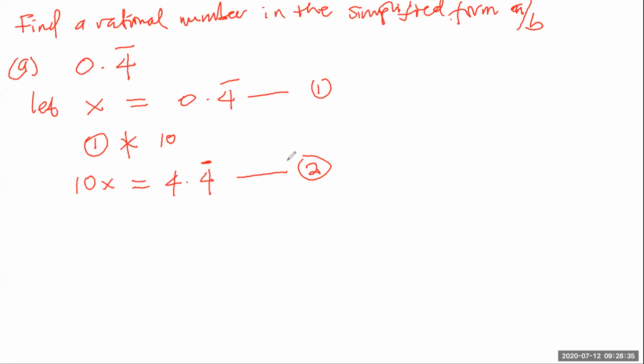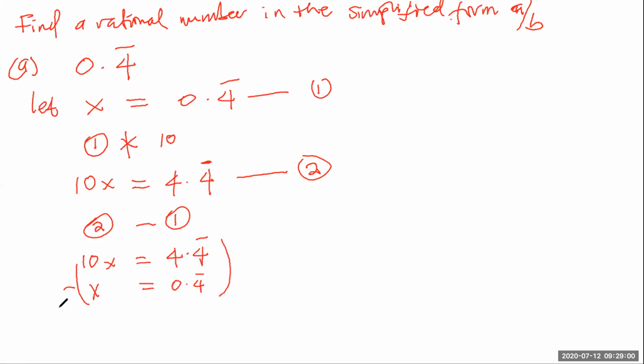Okay. Now, the process is that we take equation number 2 and take away equation number 1. So we have 10x being equal to 4.4 repeating minus x, which is equal to 0.4 repeating. So we do the subtraction. And what do we have?